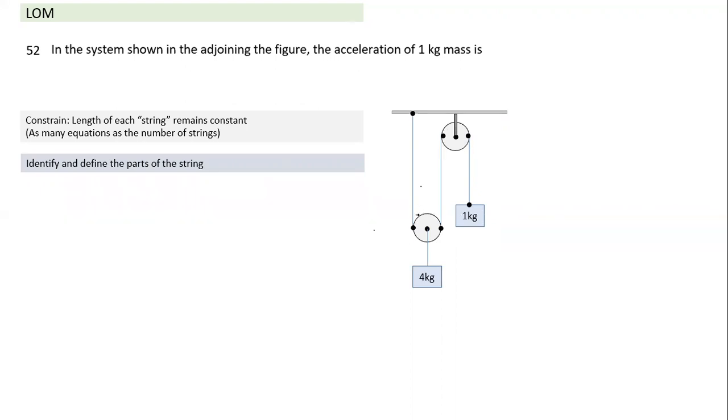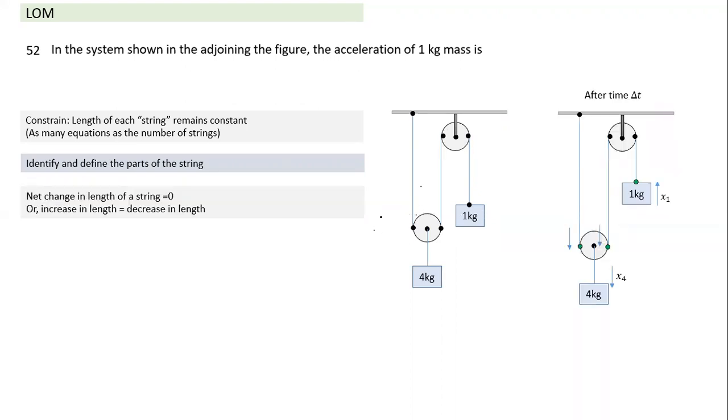The principle we are going to use here is something like this. If both the objects move, let's say in terms of displacement, then we can arrive at a similar relationship in velocity as well as acceleration. Let's say the 1 kg mass moves up from its initial position, with a displacement of x1 in the upward direction.